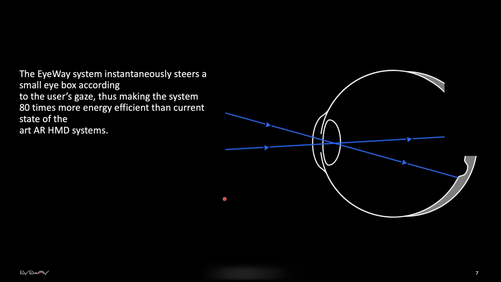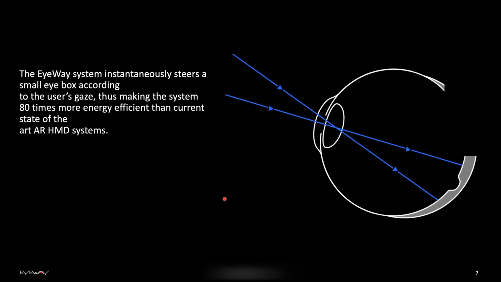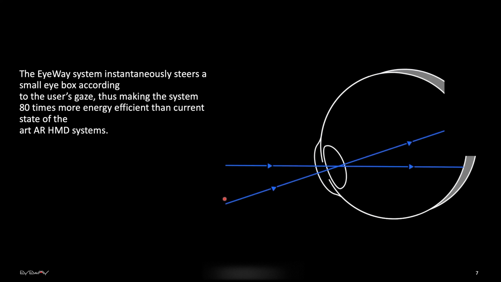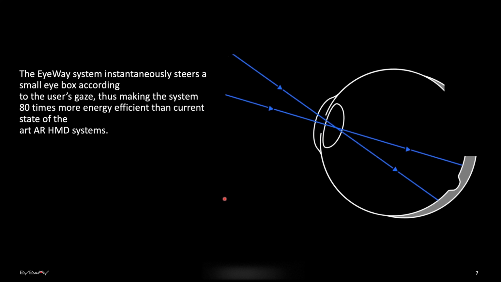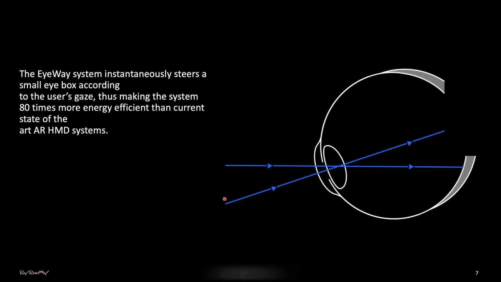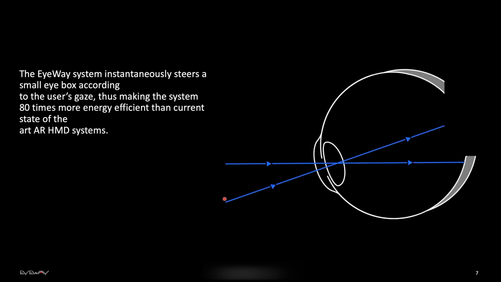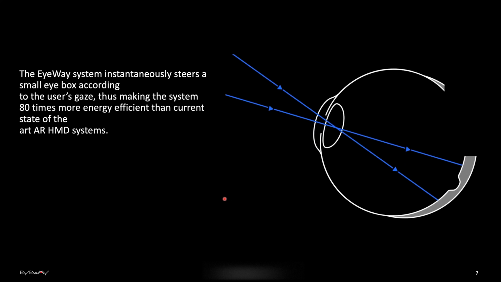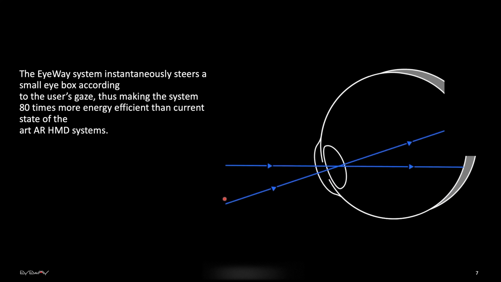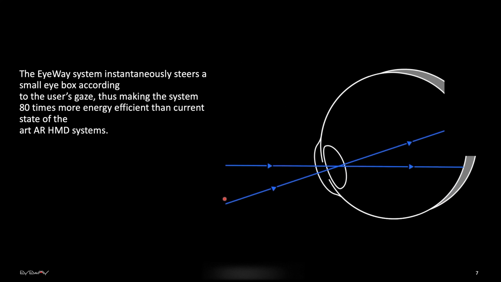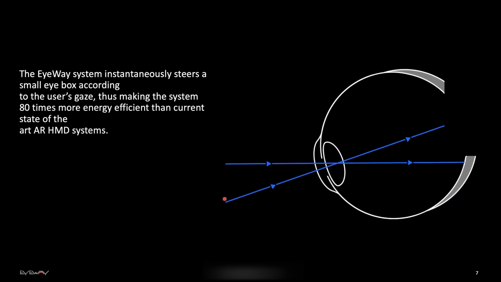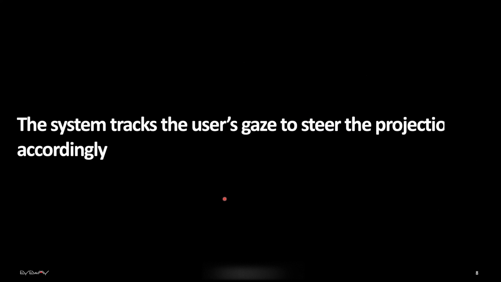And this is fundamentally different. Wherever the eye is not located, there is no beam going into the eye. This is the fundamental difference, and everything else is based on the idea that we can do that, and the benefits that we get from the system are based on this approach.